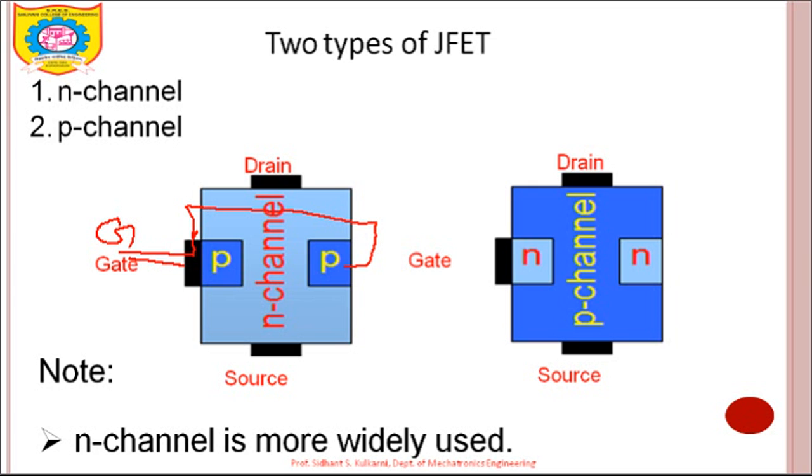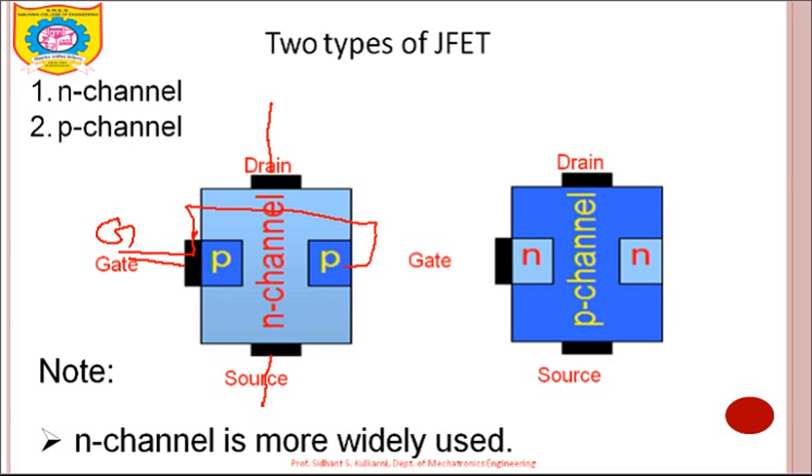Then there is one N type semiconductor region, the channel, to which one terminal is taken known as drain and another terminal known as source. Whenever a certain voltage is given between gate and source, because voltages are always given between two terminals, the width of the depletion region of the P is going to change, which affects the flow of charge carriers from the N channel.